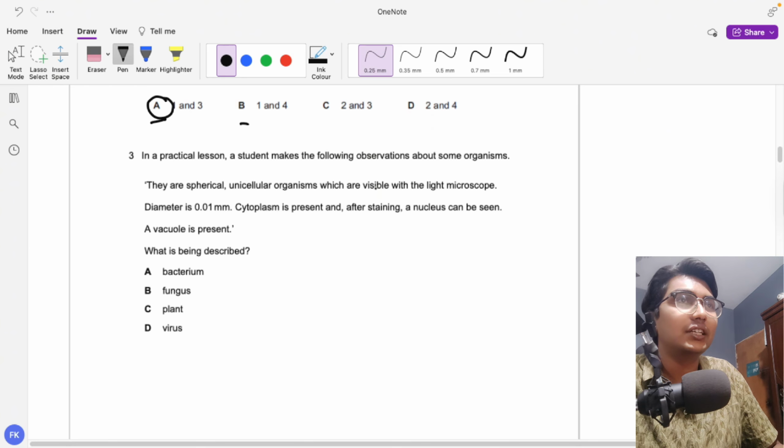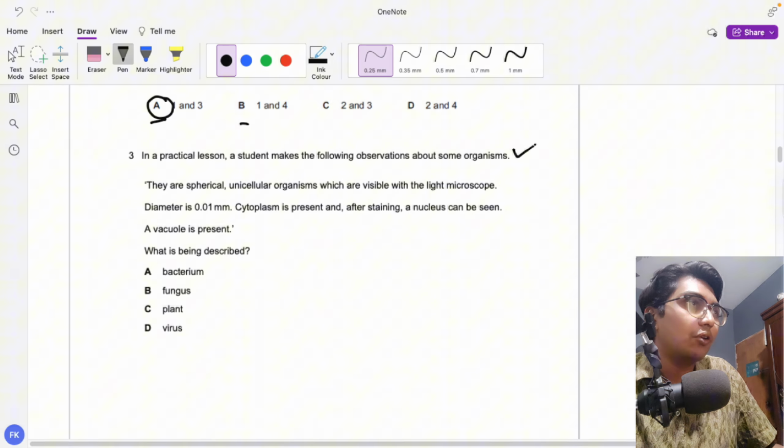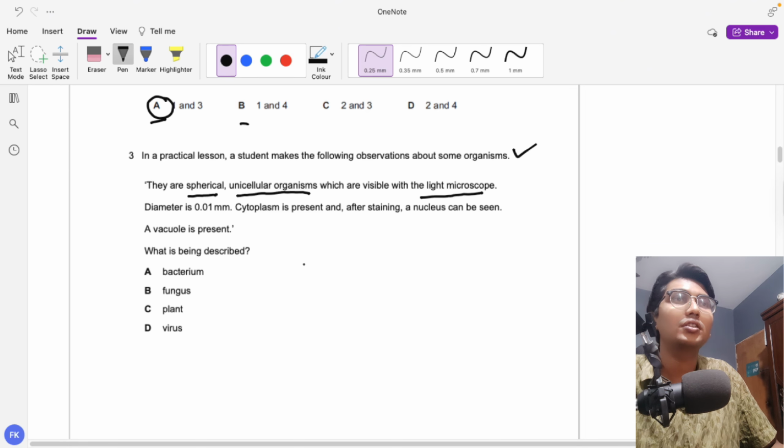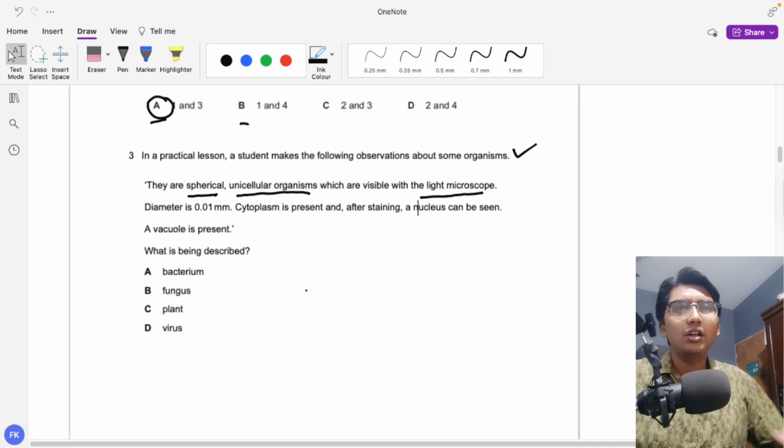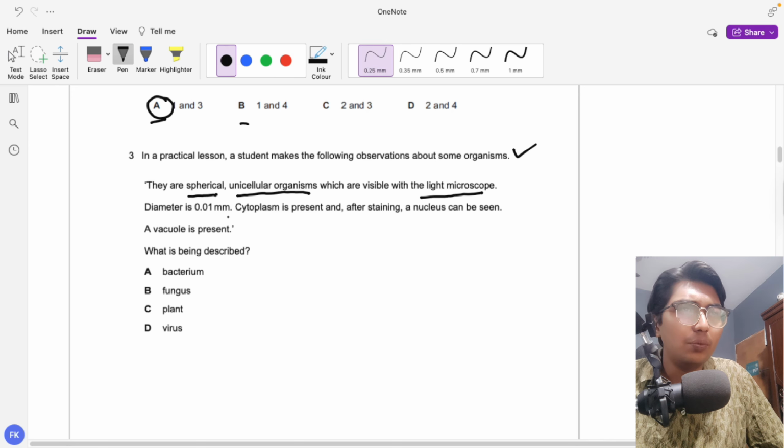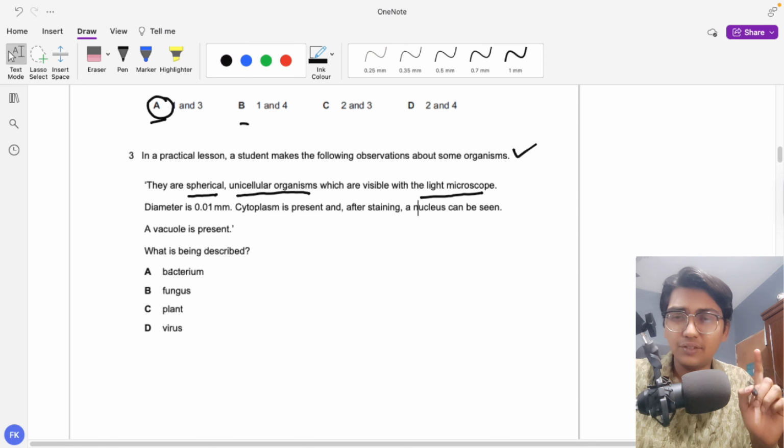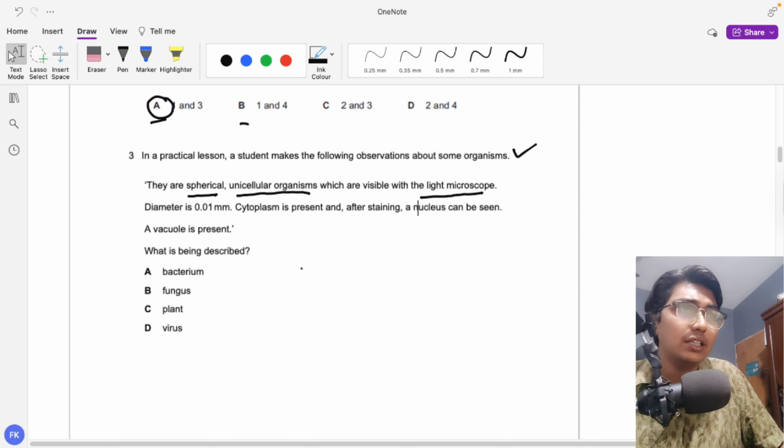In a practical lesson, a student makes the following observation about some organism. They are spherical, unicellular organisms which are visible with a light microscope. You have to remember this. The diameter is 0.01 centimeter, which is very important information, right?